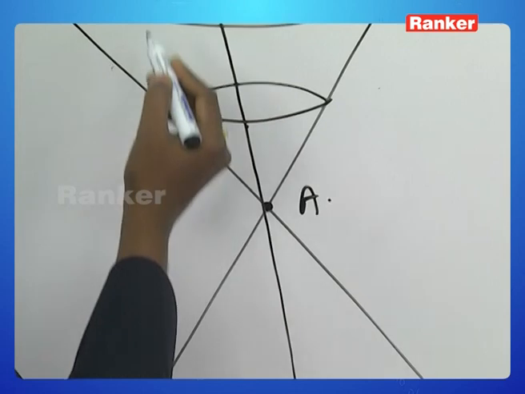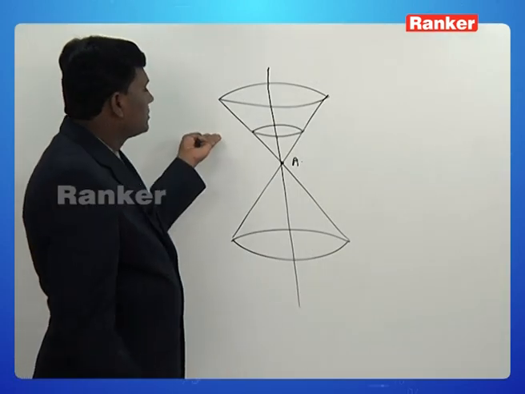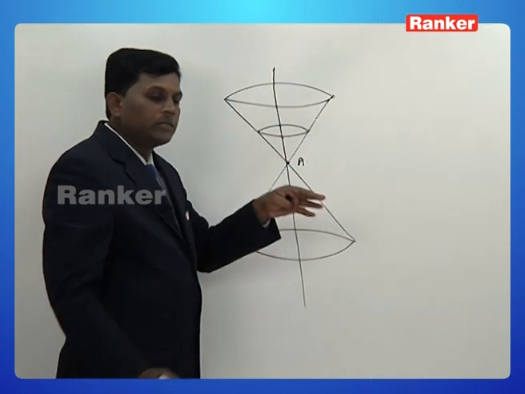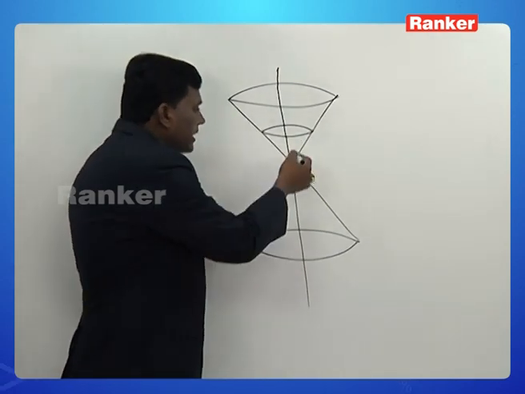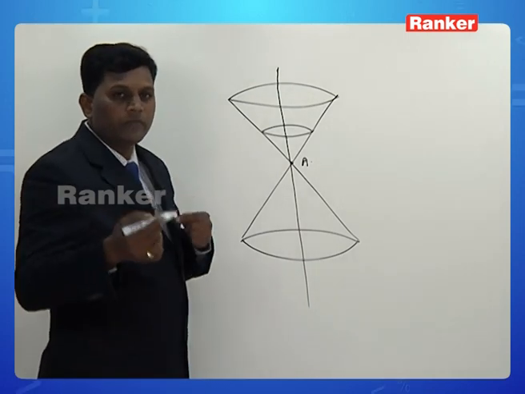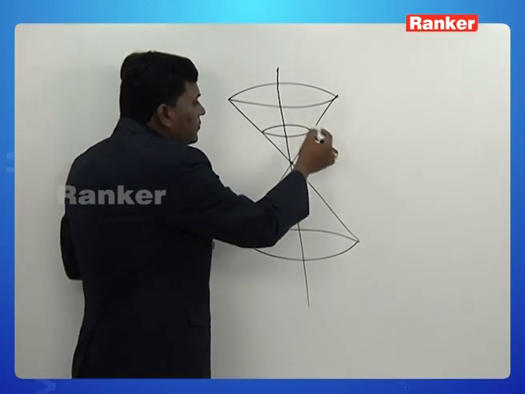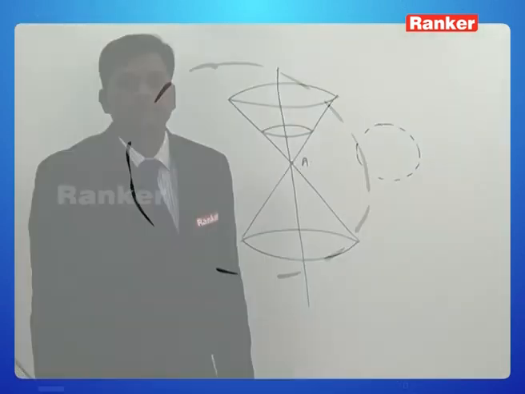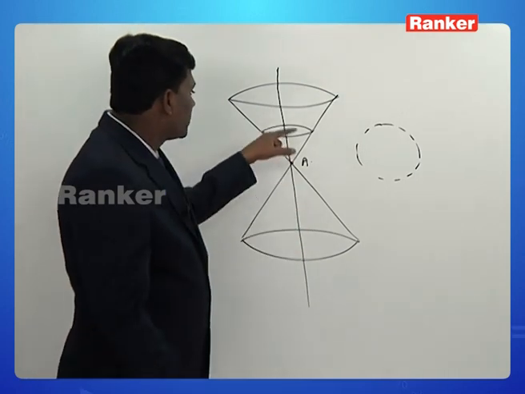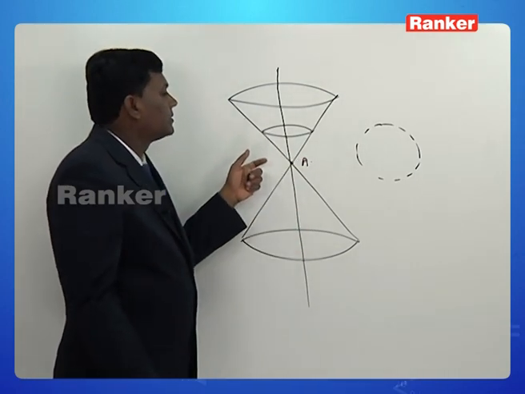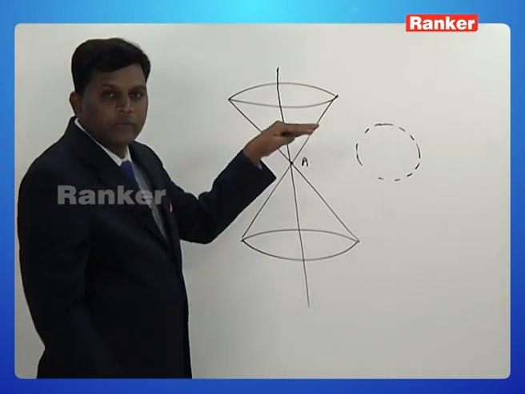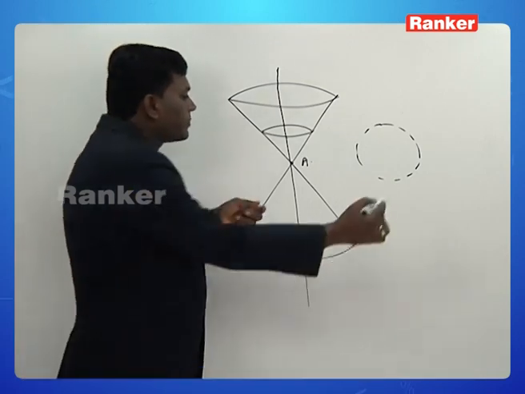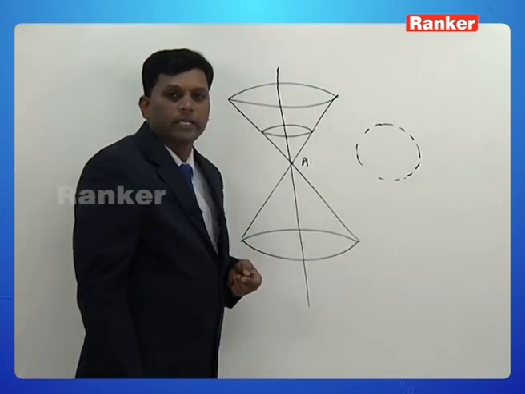If you are cutting this double right circular cone horizontally, or perpendicular to the direction of the axis, one can say very comfortably that this cross section will give you the shape of a circle. So no doubt a circle can be taken as a cross section when we are cutting this with a plane perpendicular to the axis. So it is a part of the double right circular cone undoubtedly.